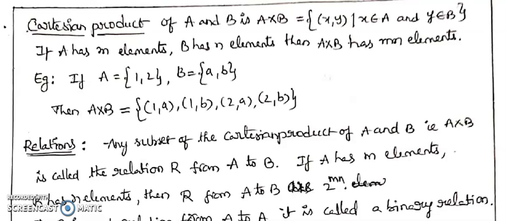Before we begin the lecture, let me tell you about a few applications of relations. Relations are widely used in the development of a relational data model, which is used to store information in computer databases.